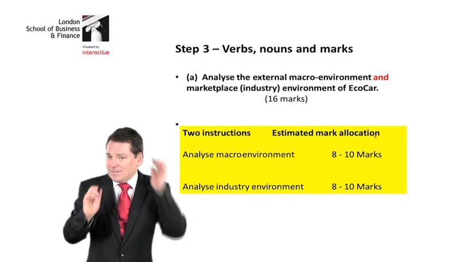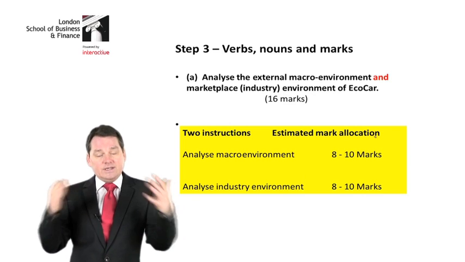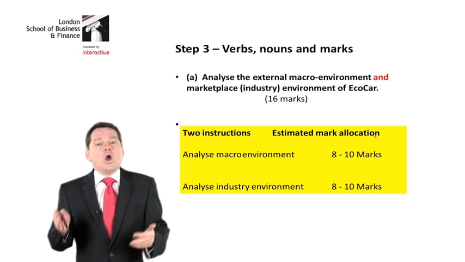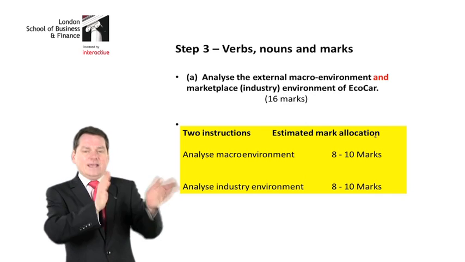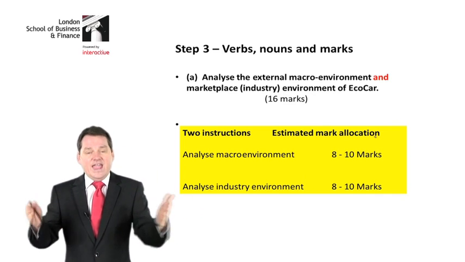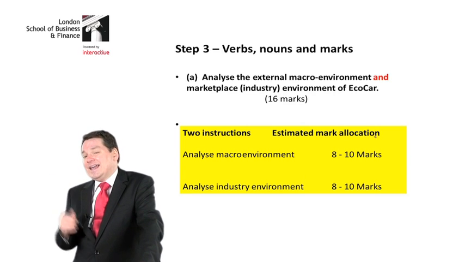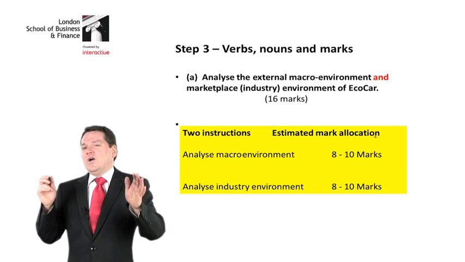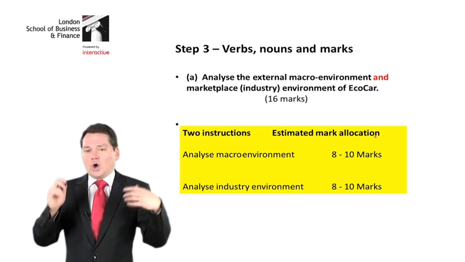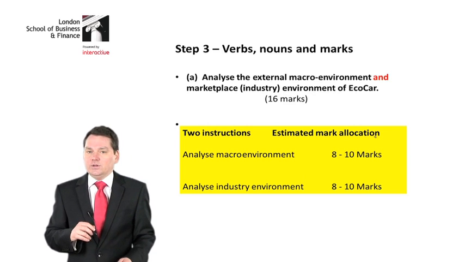By that, what I mean is if you've got a 16-mark question broken into 2, like we have here, many students think you get 8 marks for doing one bit, you get 8 marks for doing the other bit. There is your 16 marks. But the P3 examiner isn't like that. He's quite generous and he says, well, some students will do a lot on the first part of the question, analysing the macro environment.